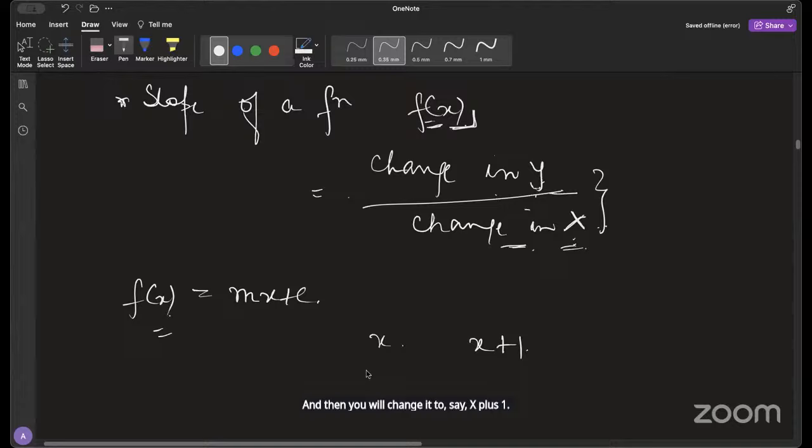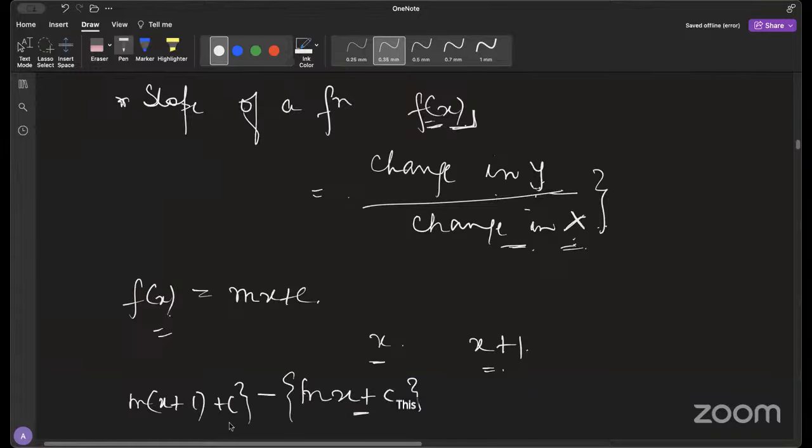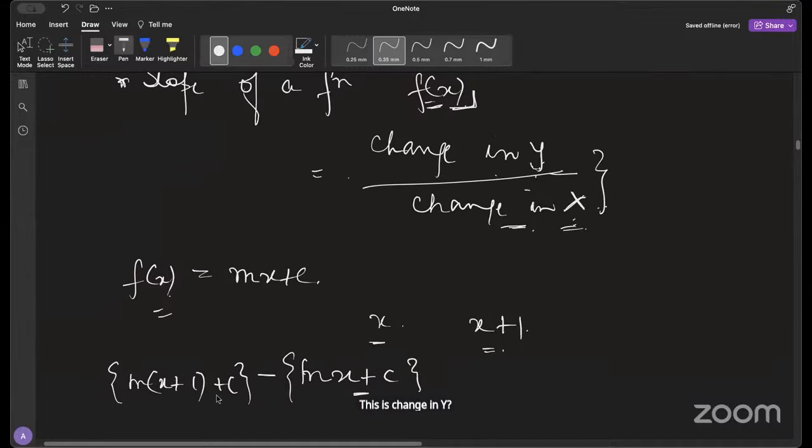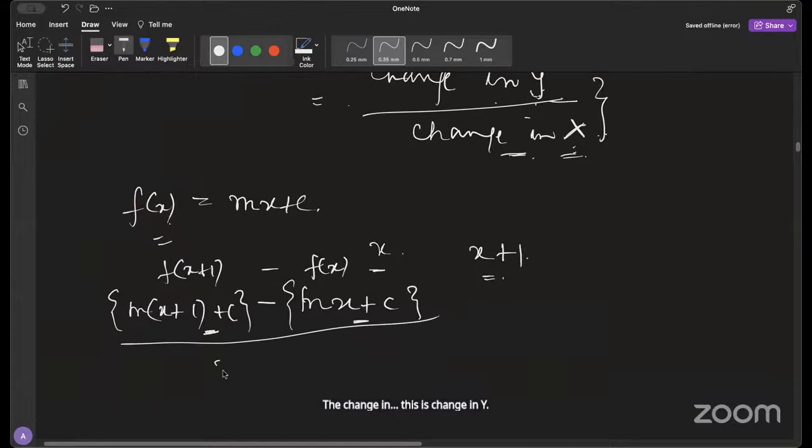For x, your y coordinate is mx plus c, and for x plus 1, it is m(x plus 1) plus c. Then you subtract: this is f(x plus 1), this is f(x). This is the change in y, and your change in x will be this.